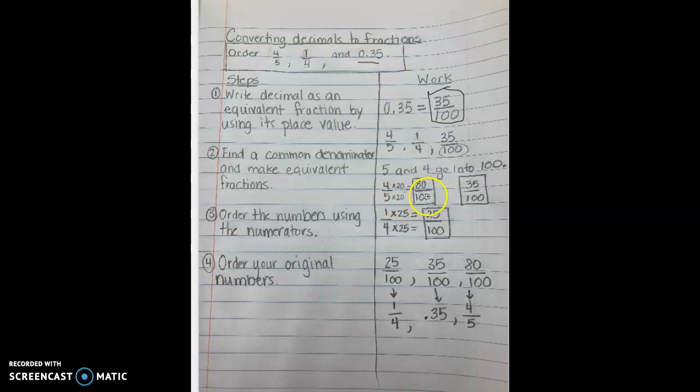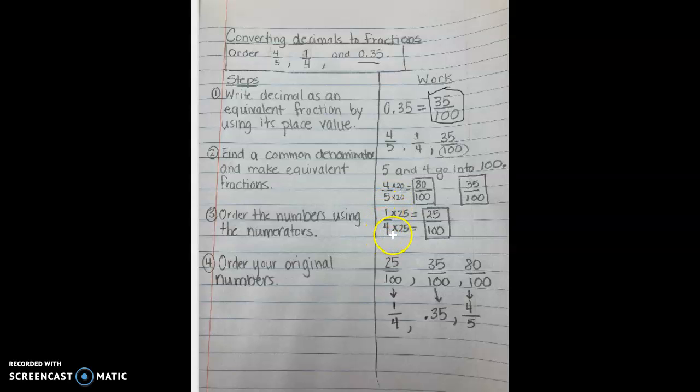What times 5 gives us 100? Or 100 divided by 5 gives us what number? We're going to use that number, which is 20, and multiply the top and bottom to make an equivalent fraction. It will stay equivalent as long as you do the same to both the top and bottom part of your fraction.